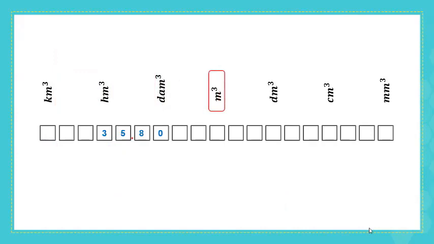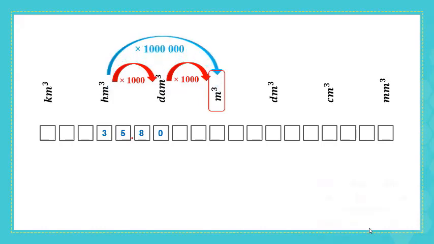Another example. If we want to convert 358.0 from hectometer cube, the biggest unit, to meter cube, the smallest unit, we have two jumps. In each one, we multiply by 1000. So we have 6 zeros, so we multiply by 1 million.